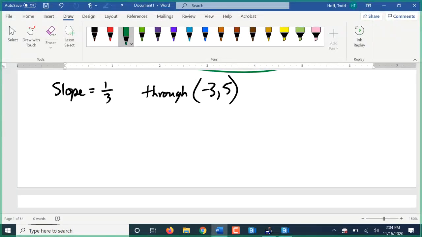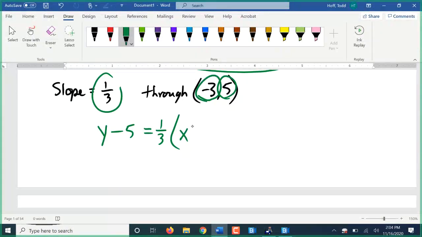My equation, y minus y1: y1 will be 5, that's the y-coordinate, equals my slope of 1/3 times x minus x1. Now, x1 is a negative 3. Minus a negative becomes plus a positive. So it'll look like that.